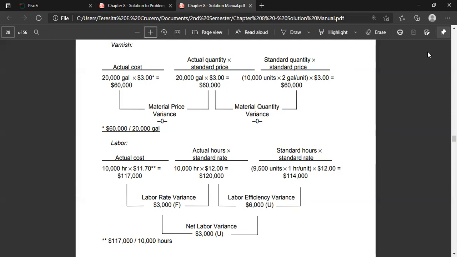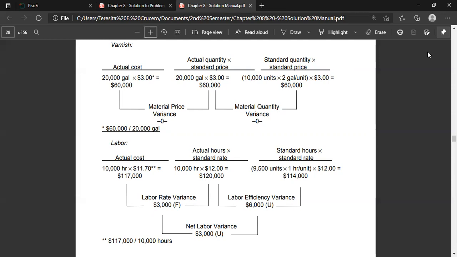Here we have for varnish, 60,000 divided by 20,000 gallons. 60,000 is given cost of varnish used. Then we divide by 20,000 gallons. So you get now the cost per gallon of varnish equal to 3. So the actual cost 60,000, the same as the standard cost of 60,000.